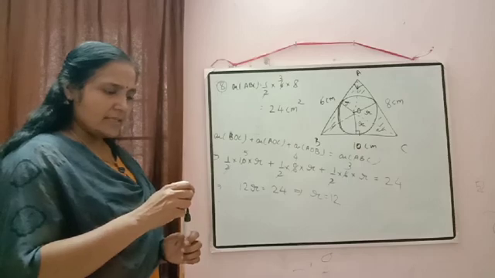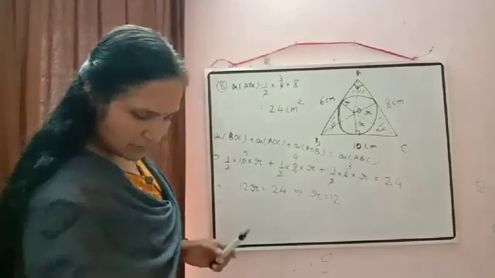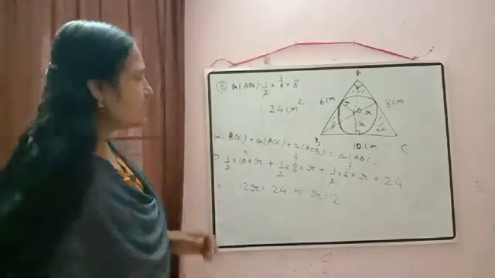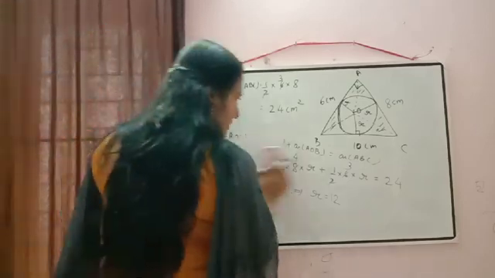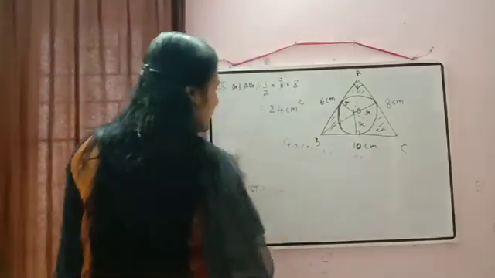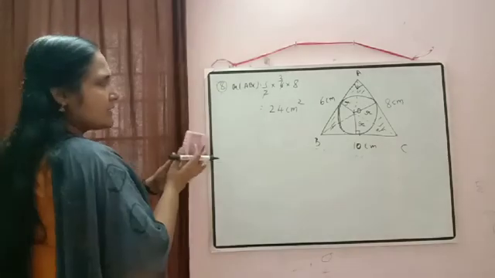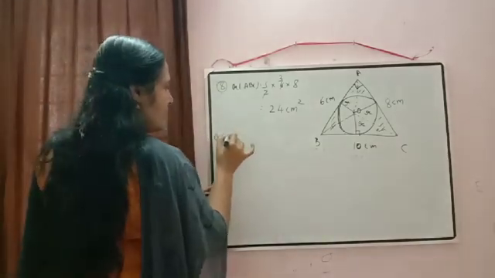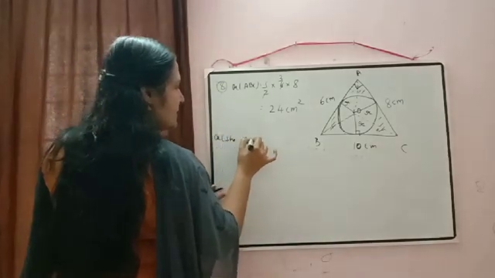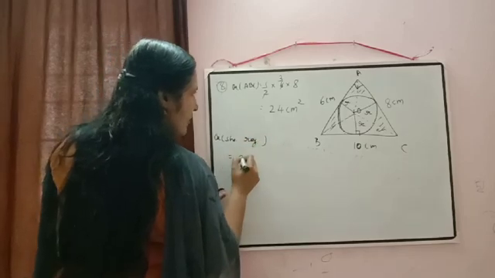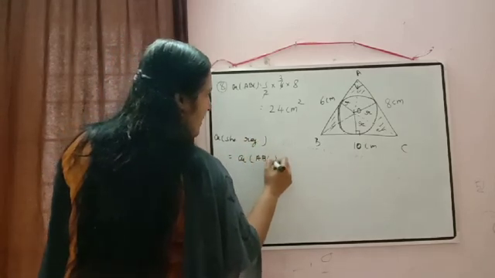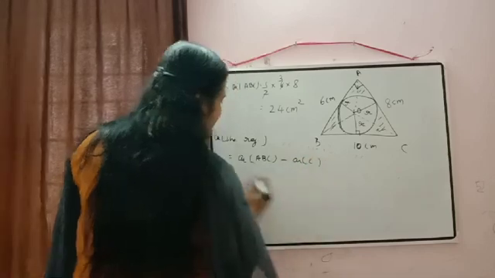Now we can calculate the area of the shaded region. What will come? Area of shaded region is equal to, yes, area of triangle ABC minus area of circle. So just write down there: area of shaded region is equal to area of triangle ABC minus area of circle.